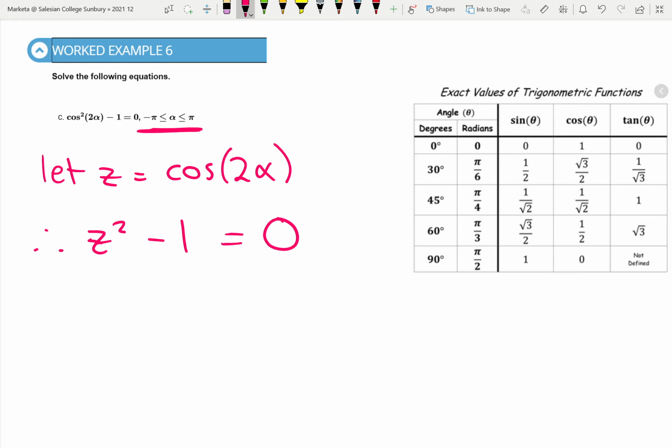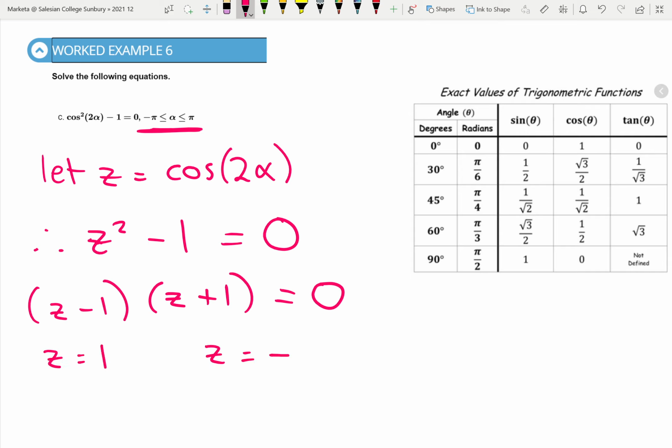So look, now I have z minus 1, z plus 1 equals 0. And this is again just quadratic factorization, like a squared minus b squared would be a minus b, a plus b. So we're using that rule there. And now I can say, well, z equals 1 and z equals negative 1.